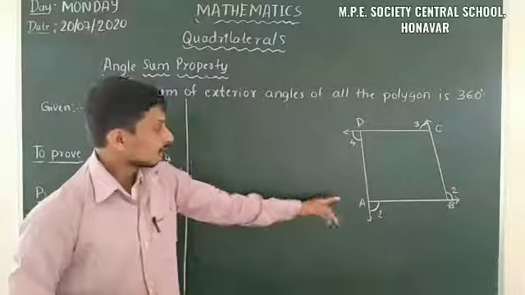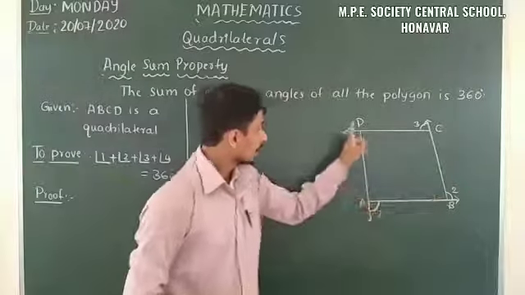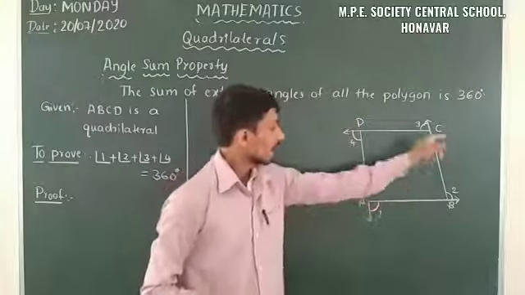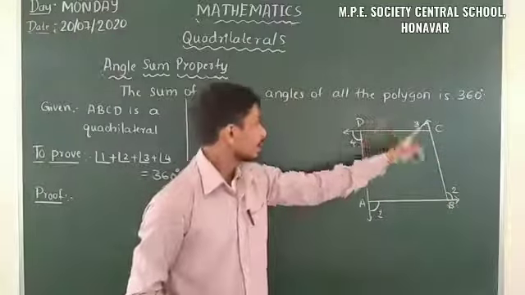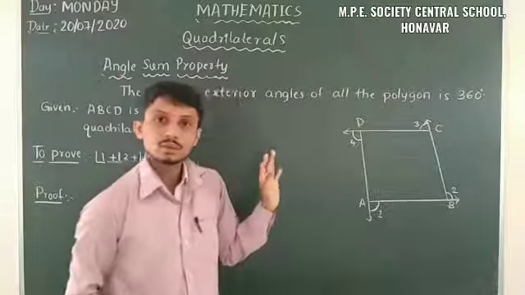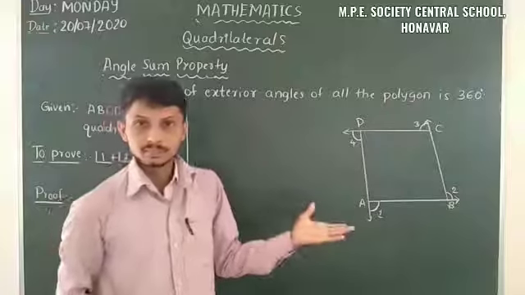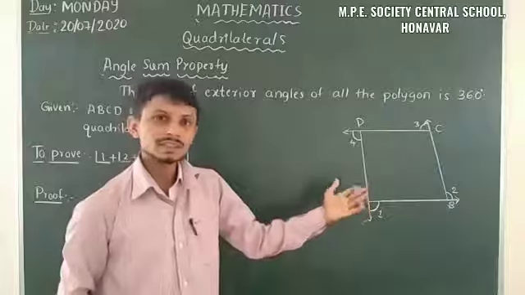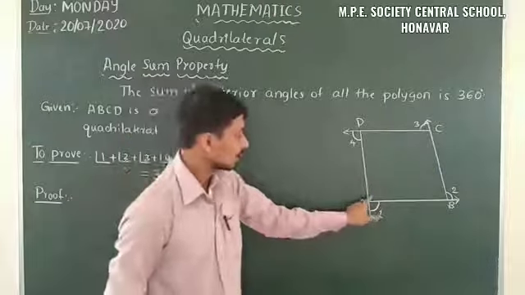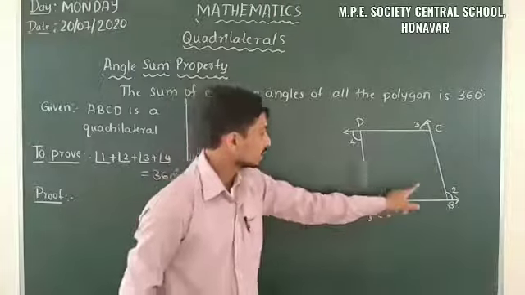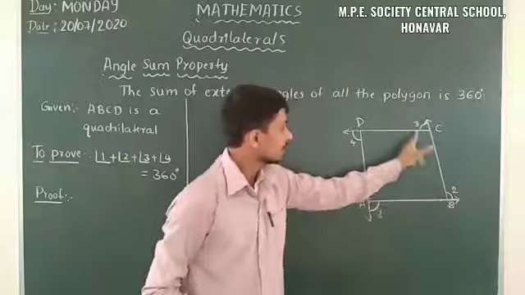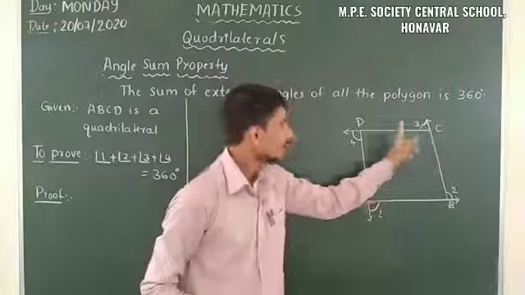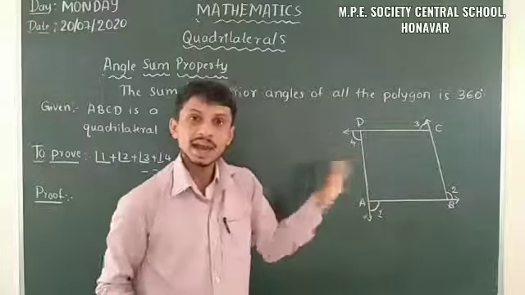That means angle BAD, angle ABC, angle BCD and angle CDA is equal to 360 degree. For my convenience, I call these angles A, B, C and D.